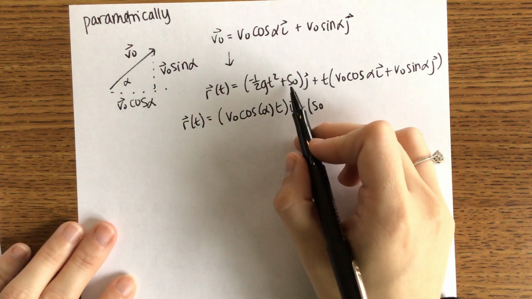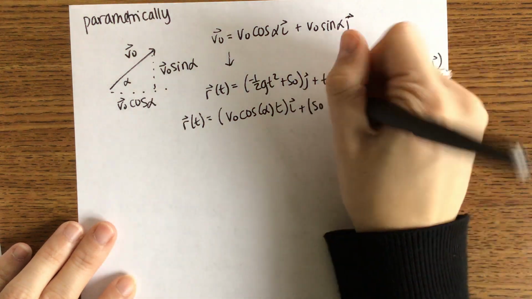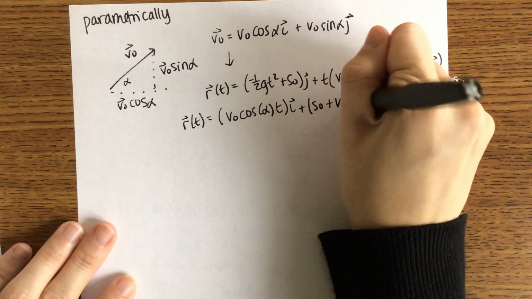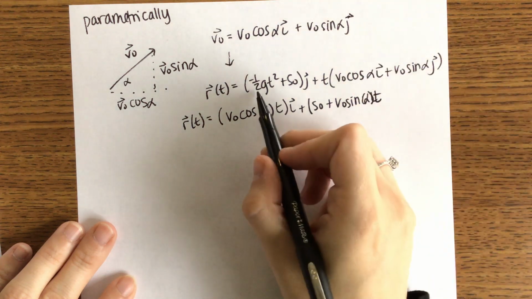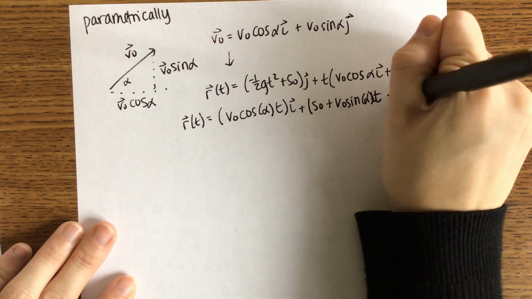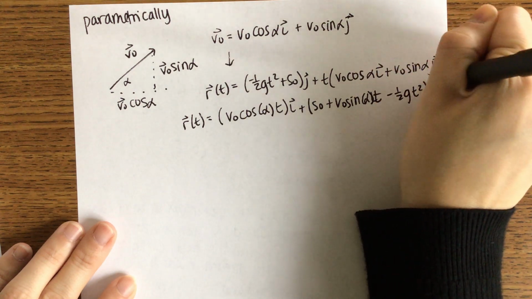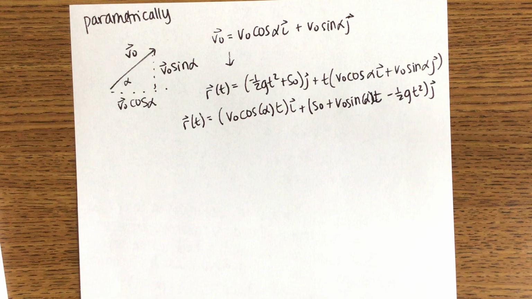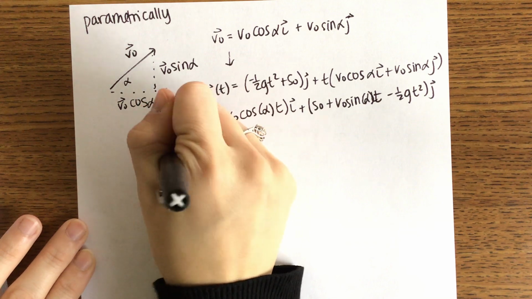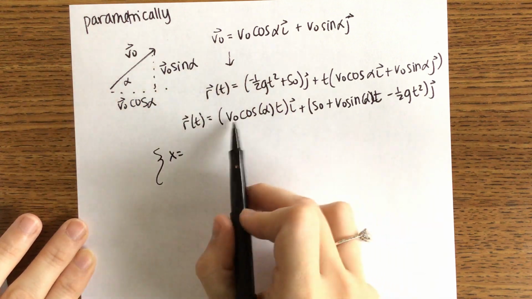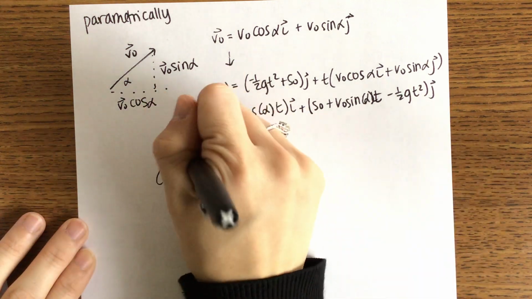S sub naught plus v naught sine of alpha times t minus 1/2 g t squared times j. That leads us to our two positions. So parametrically, that is our x equation, that is our y equation.